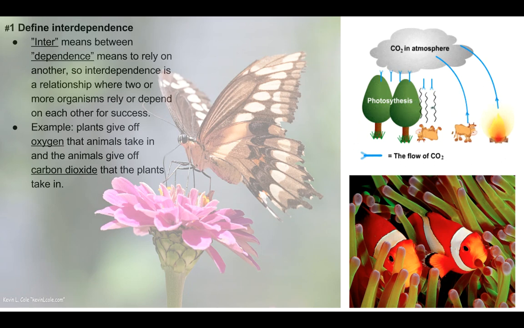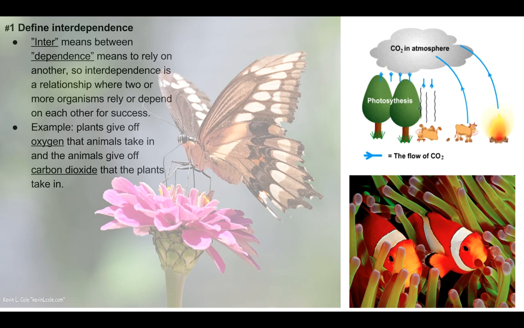Inter means between. We're not talking about enter with an E, we're talking about inter with an I. We're not entering a room; we mean in between. Dependence means to rely on another. So interdependence is a relationship where two or more organisms rely or depend on each other for success.